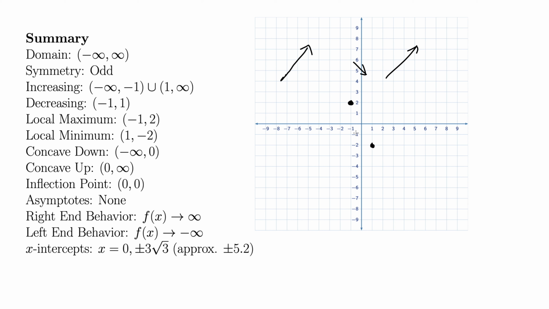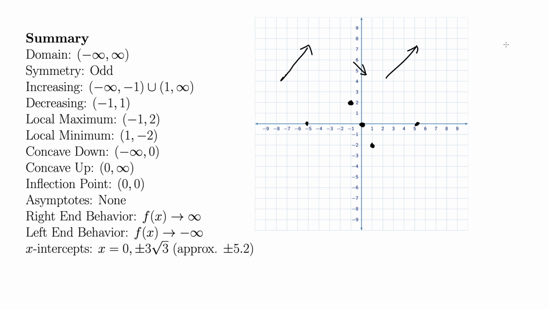Let's go on to our intercepts down at the bottom. We have intercepts at x equals 0, and one at about 5.2, about here, and -5.2 is about here or so. Then we can do our y-intercept as well. It looks like the y-intercept got left out of the summary, but it was 0, so that doesn't give us anything new.